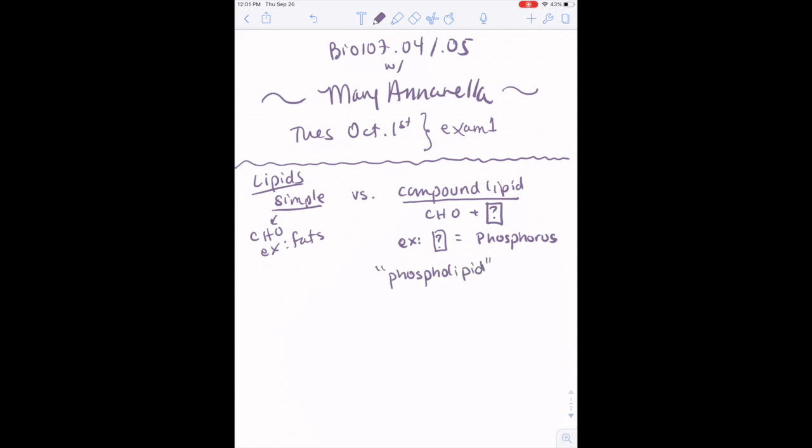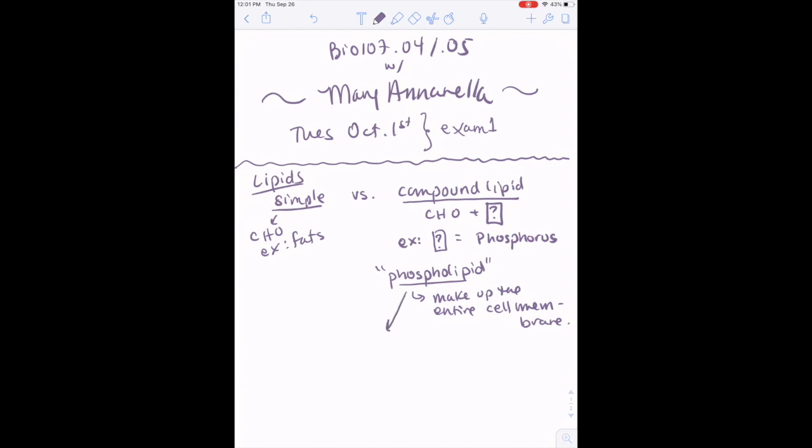The phospholipid is hugely important in the structure of the cell membrane. In fact, phospholipids make up the entire cell membrane. Your cell membrane is made of gazillions of phospholipids.